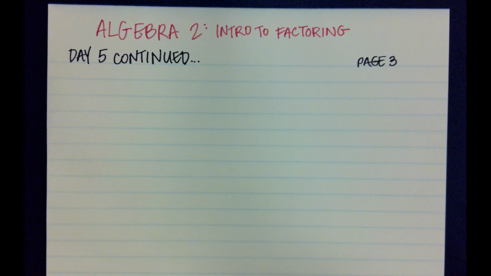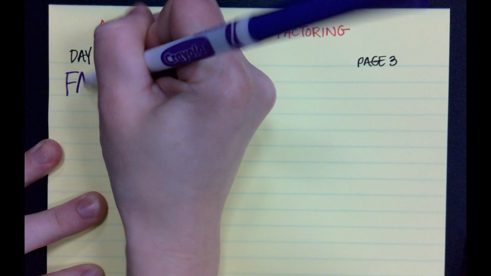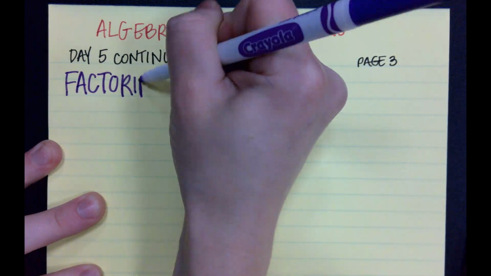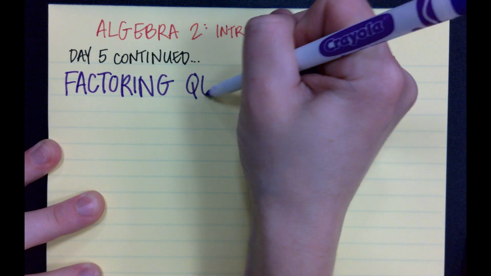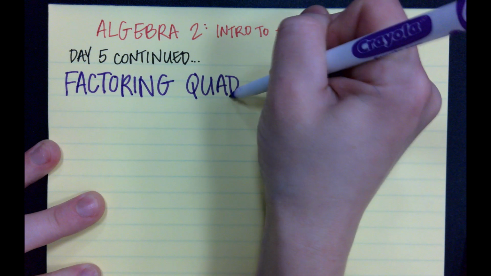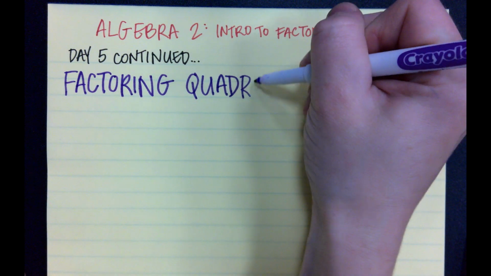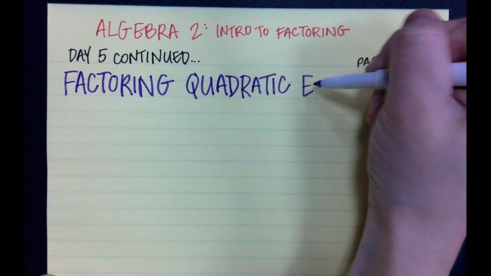All right, we are going to title this page Factoring Quadratic Expressions. You could abbreviate quadratic to quad if you wanted to. It's a long word. I'm going to write it out though, for fun.